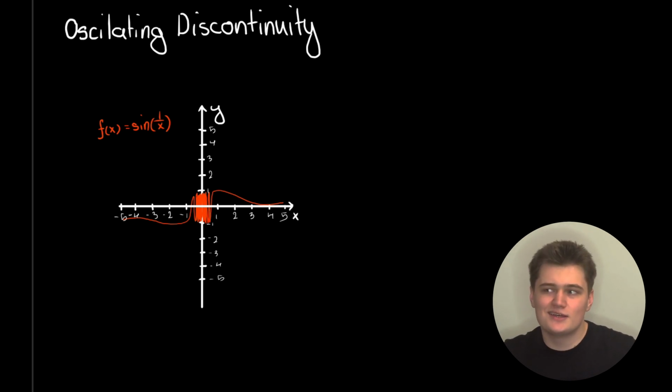And since it's oscillating discontinuity, it means that there is no limit because it's alternating between 1 and negative 1. When it's approaching 0, you cannot really identify at which value they meet. So it means the limit does not exist in this case.